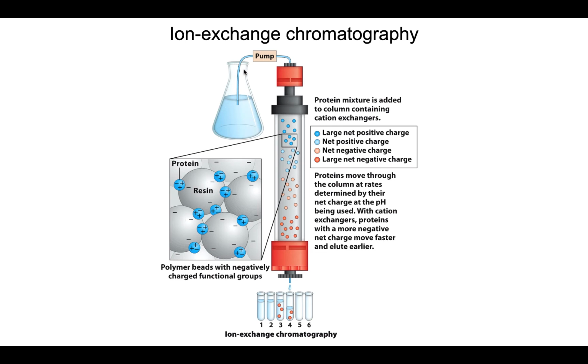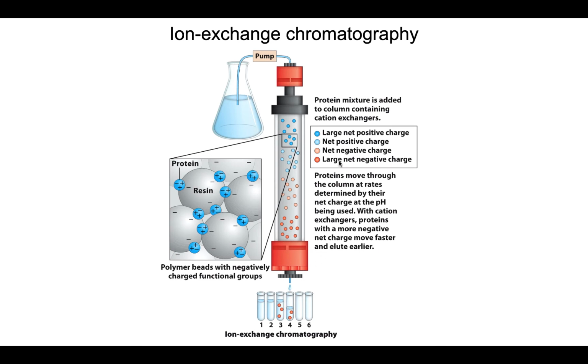So that when we run proteins through this, the proteins that have a net negative charge themselves, so large net negative charge or light red net negative charge, they aren't going to be able to stick to the solid phase. They're going to pass through quite quickly.